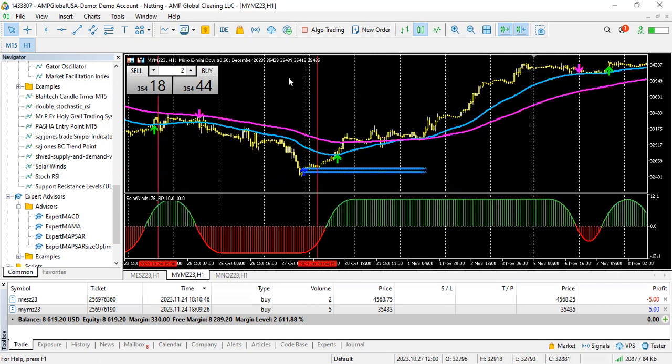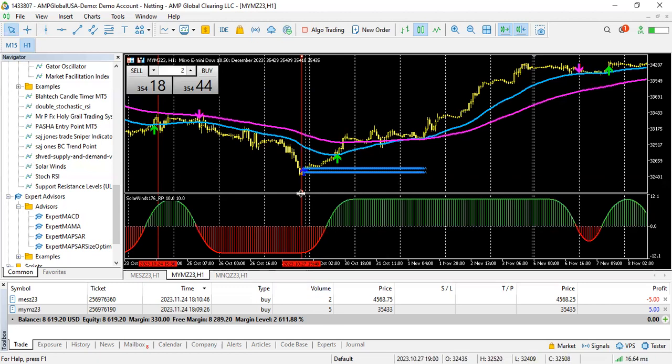What I do is, we have the 50 and the 21, and we have a support here. The support hit here. As the support hit, we were still below the 0 line on the solar wind.